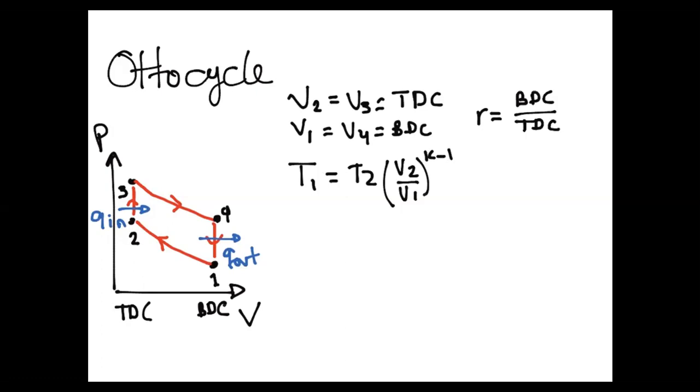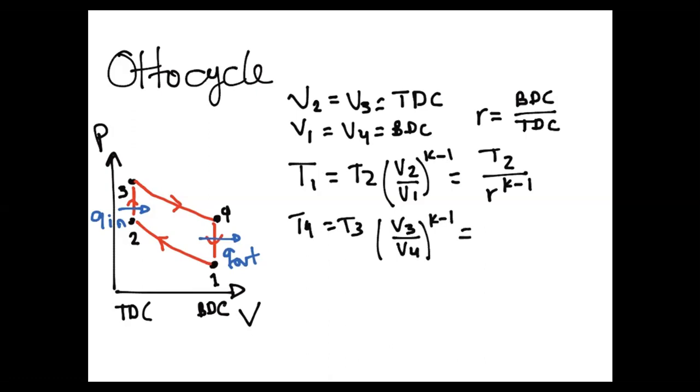Or we can state that this is equal to T2 over r to the k minus 1. The same happens when we relate the temperature 4 with the temperature 3 in the isentropic expansion. So this expression would yield T3 over r to the k minus 1.